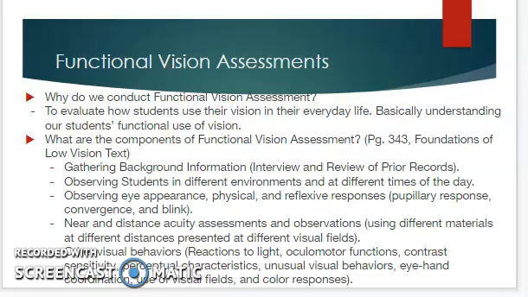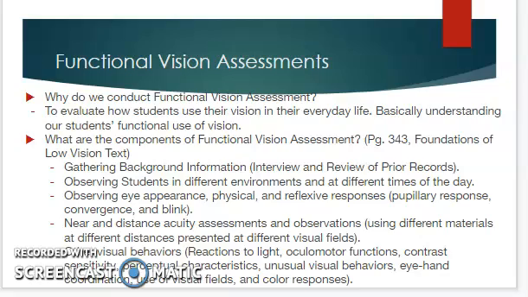And then you will use different materials at different distances presented at different visual fields. And then you will also assess other visual behaviors like reactions to light, oculomotor functions, contrast sensitivity, perceptual characteristics, unusual visual behaviors, eye-hand coordination, use of visual fields, and color responses.